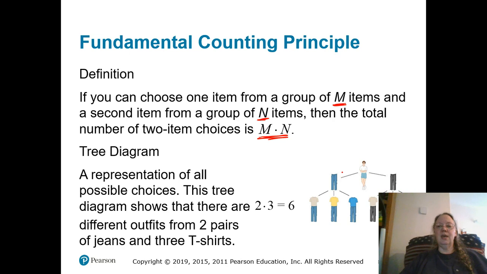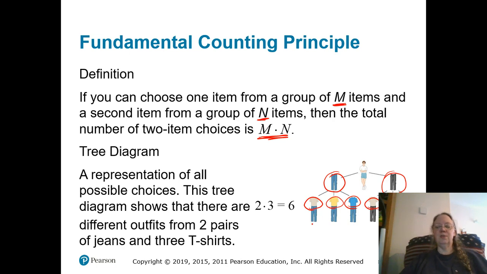So this gentleman has two different pairs of pants. We've got blue and brown. If he chooses a blue pair of pants, then he can have a shirt that is cream or yellow or blue. And if he chooses the brown pair of pants, he could also have cream, yellow, or blue.